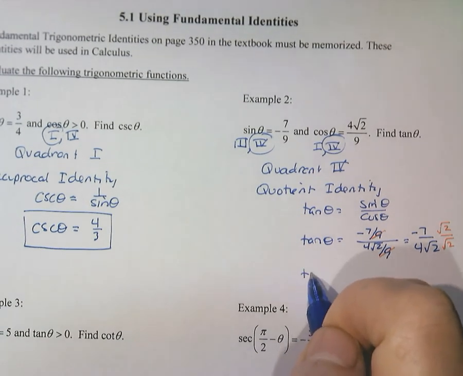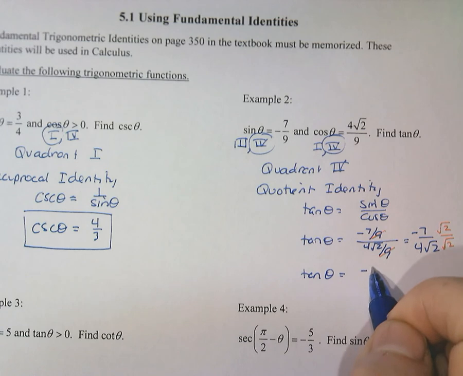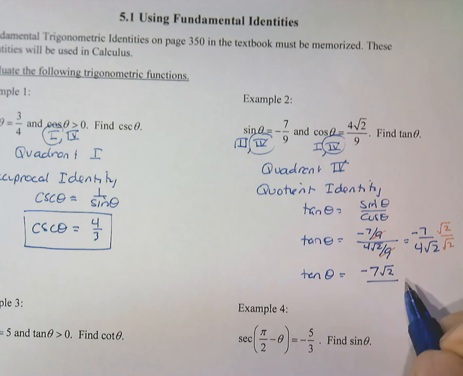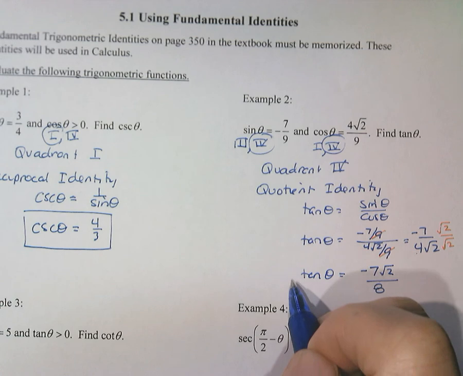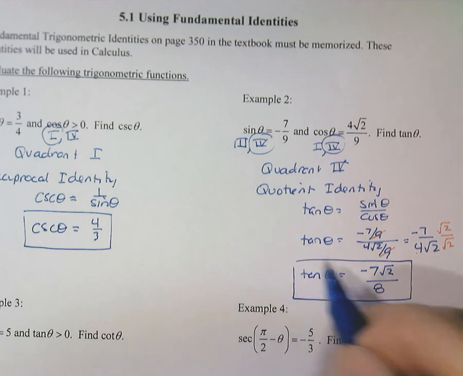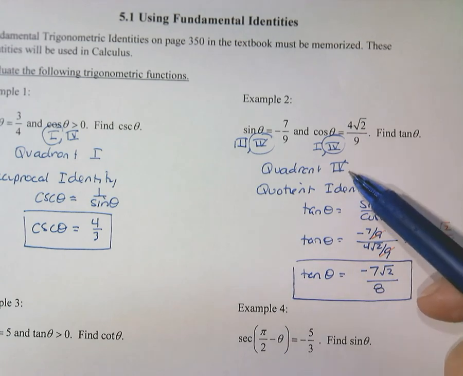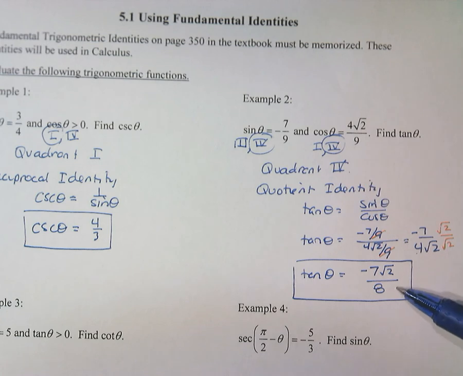So I get tangent of theta is equal to -7 square root of 2 over, square root of 2 times square root of 2 is square root of 4, square root of 4 is 2, 4 multiplied by 2 is 8. And that makes sense because in quadrant 4, tangent is going to be negative.